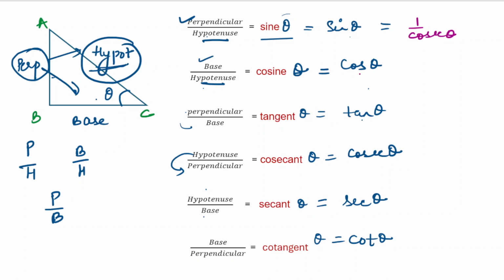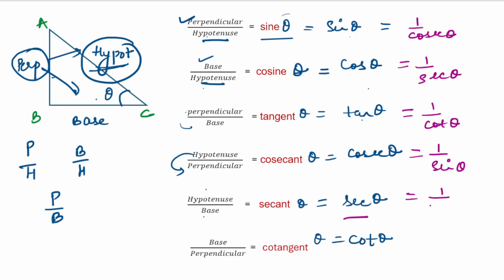Cos theta is the reciprocal of sec theta, and tan theta is the reciprocal of cot theta. Similarly, cosec theta is the reciprocal of sine theta, sec theta is the reciprocal of cos theta, and cot theta is the reciprocal of tan theta.